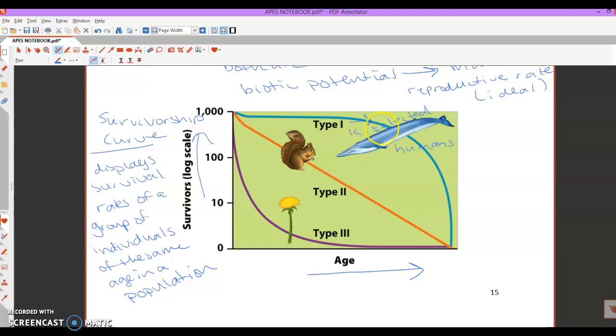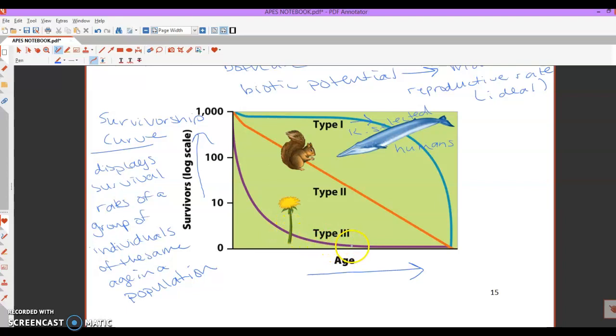All right, these are the ones that have very few offspring. They live to be older. They have extensive parental care. All right, now I'm going to skip down here to type 3. Type 3, it shows us that there are lots of these individuals that are young, okay, but there's a very steep drop off in the survival rate.